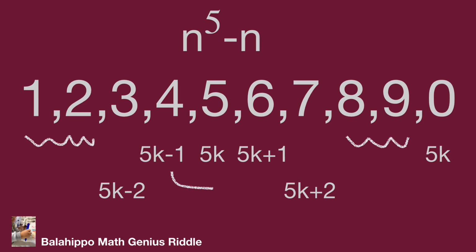Then we put 5k minus 1 and 5k plus 1 as one group, 5k minus 2 and 5k plus 2 as another group.